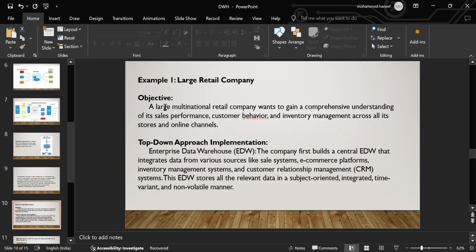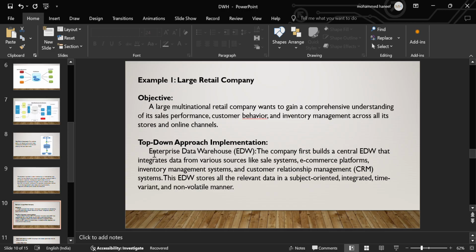So if a large multinational retail company wants to gain a comprehensive understanding of its sales performance, customer behavior, and inventory management across its stores and online channels, if they want to see this kind of information or do this kind of analysis, at that time they have to create a bigger enterprise data warehouse.